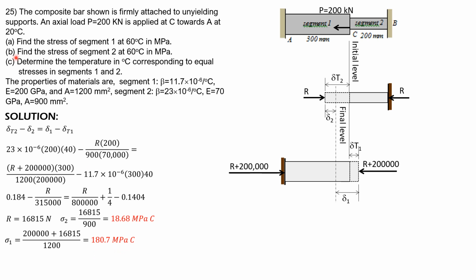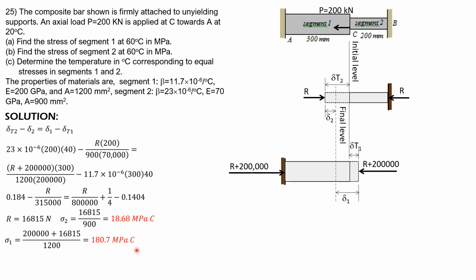For answering question 3, determine the temperature in degrees Celsius corresponding to stresses in segments 1 and 2. If the temperature still increases, this stress in segment 2 will increase, but at a slower rate. It cannot reach or overtake this value at segment 1.